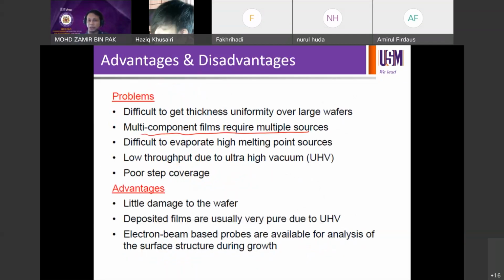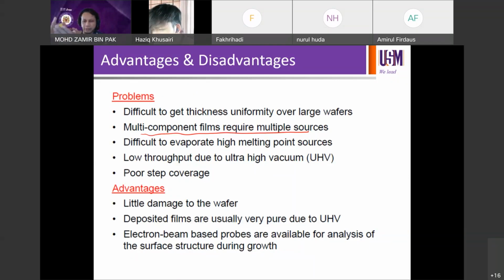But if you want to evaporate two different materials together, for example, if you mix aluminium with silicon, the aluminium melting point is like 600 plus degrees Celsius, and silicon is 1400. If you want to melt them together in a single boat, will they be able to be evaporated uniformly, do you think?